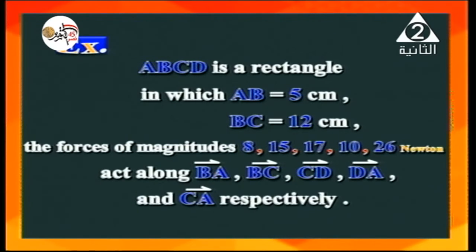What do I mean by respectively? 8 acts in the BA direction, 15 in the BC direction, 17 in the CD direction, 10 in the DA direction, 26 in the CA direction.